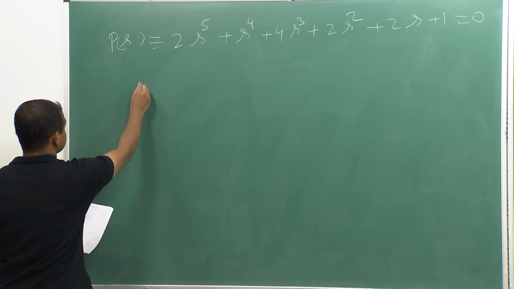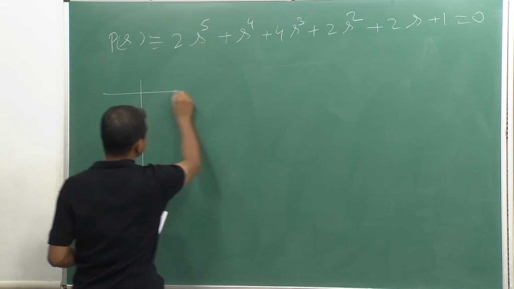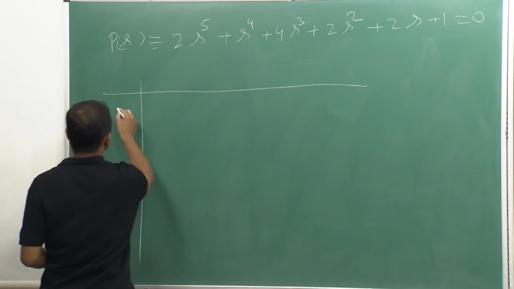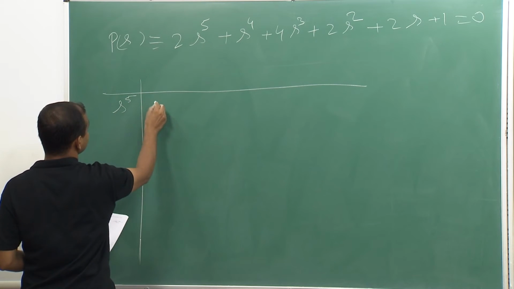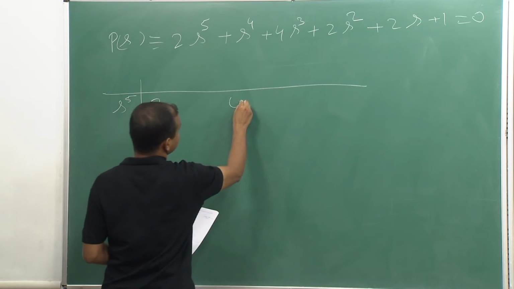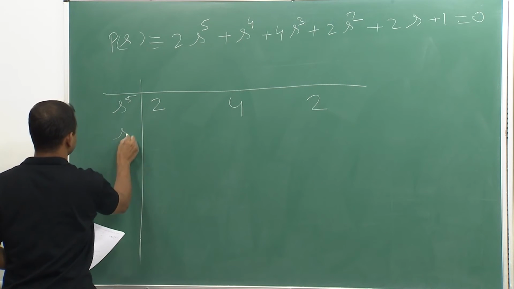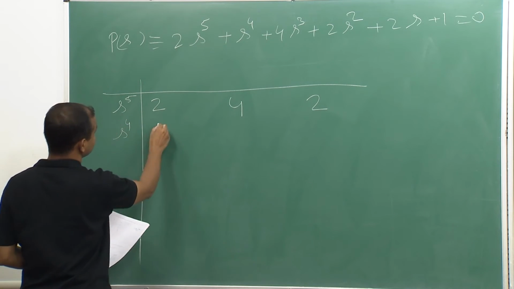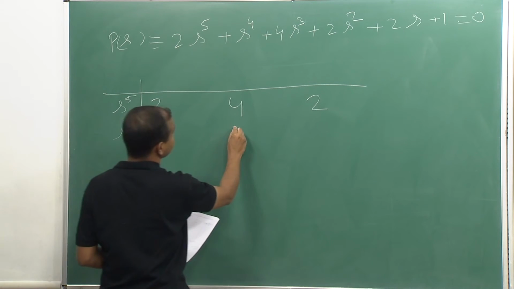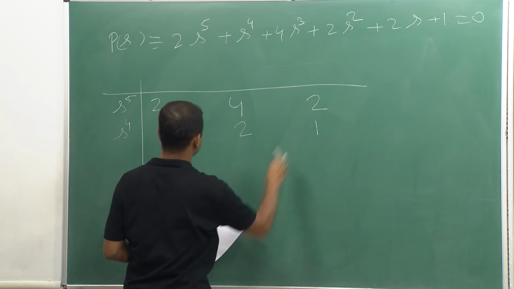In this case, if I form the Routh array, starting from s to the power 5: 2, 4 and 2; s to the power 4: 1, 2 and 1.